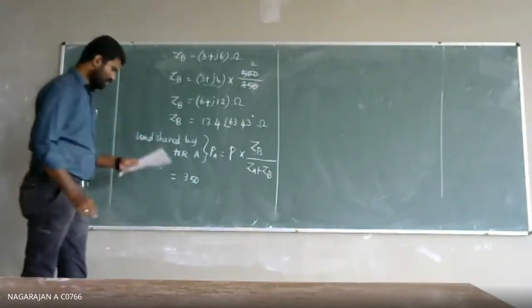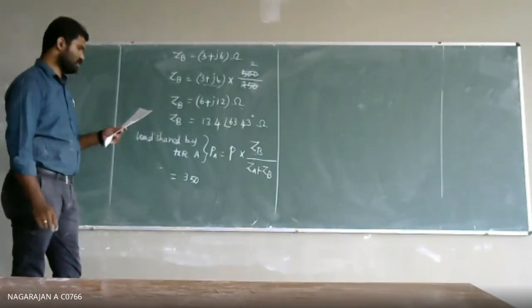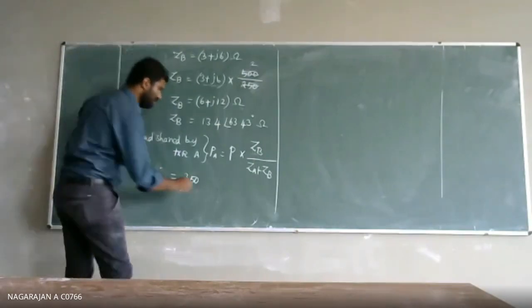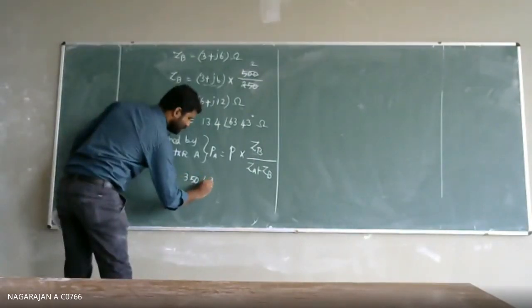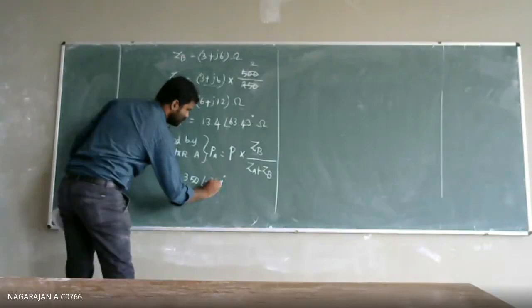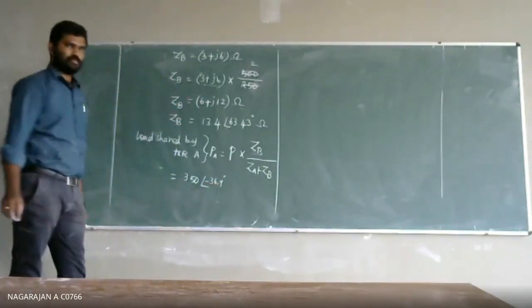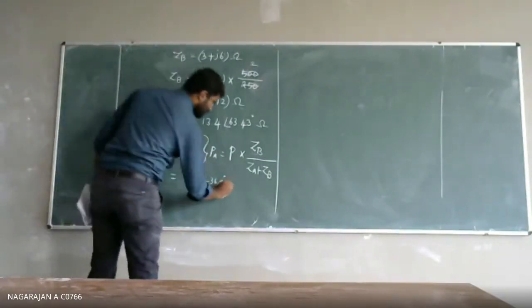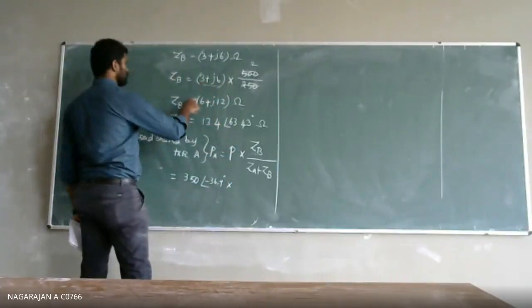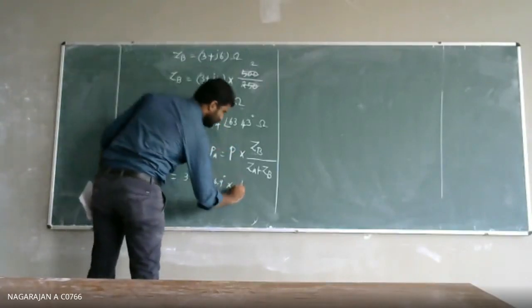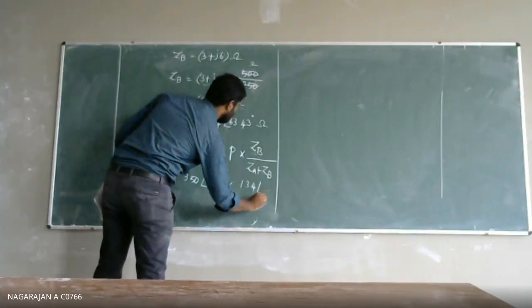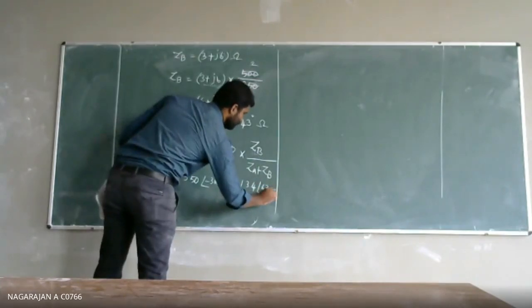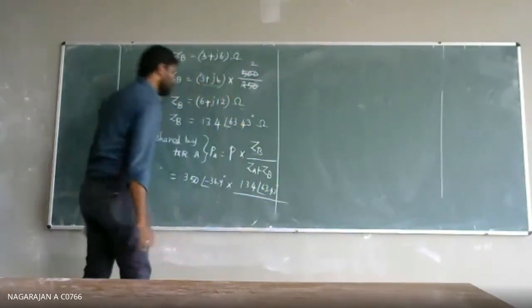The power factor is the same as in the previous case, which is 0.8. For 0.8, the angle is minus 36.9 degrees. And what is ZB? 13.4 with an angle 63.43 degrees. ZA plus ZB.